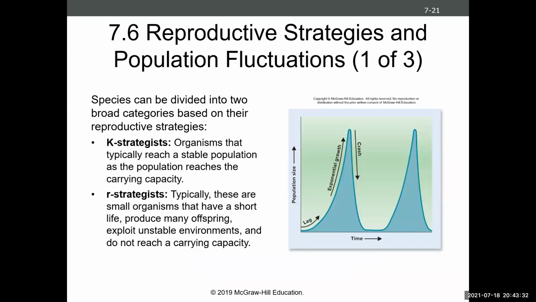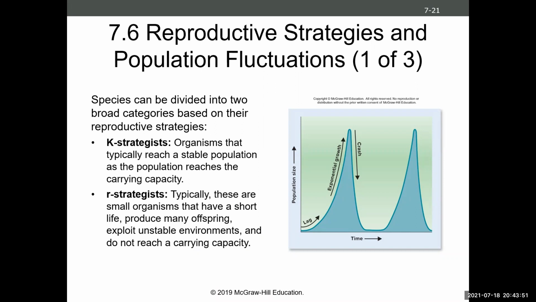Now, population sizes, like we mentioned, will typically follow these curves, but you also can get interesting strategies that lead to varying population fluctuations that follow these K strategist or r strategist life cycles.